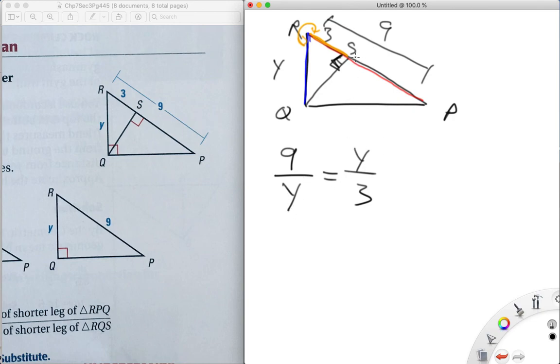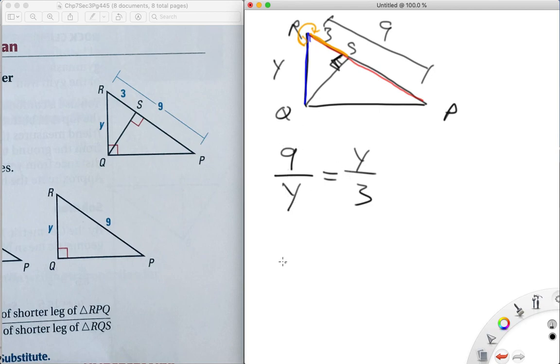I actually have a thing in my brain. I go boom, boom, boom, boom. So I go this guy over this guy is the same thing as this guy over what it touches over this guy, which is the connecting hypotenuse. Since this is the hypotenuse, this guy touches it, it's going to be on this side. It also works when it's on this side as well. So boom, boom, boom, boom.